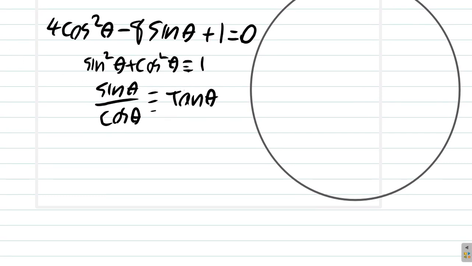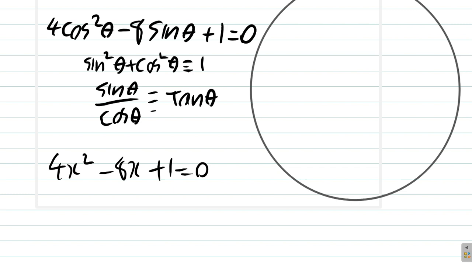Let's see something here. Now, this 4 cos squared theta, and you have sine theta. If you had 4 something squared minus 8 the same thing, plus 1, then it would be a quadratic equation, because it would be like 4x squared minus 8x plus 1 equals 0.